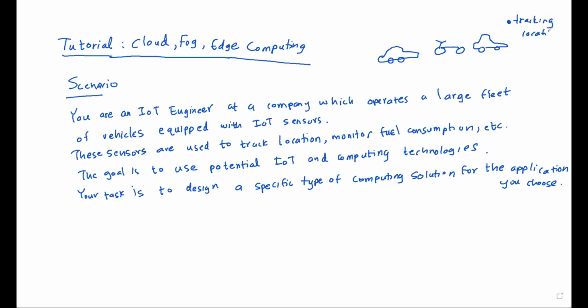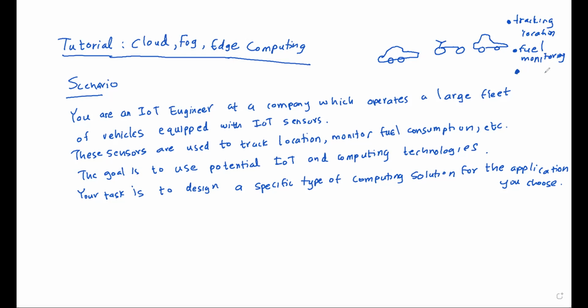That is one application that we can consider. Second application that we can consider could be monitoring their fuel efficiency, right? So you know that vehicles have fuel problems, and if the fuel runs out, we need to supply the fuel on time.